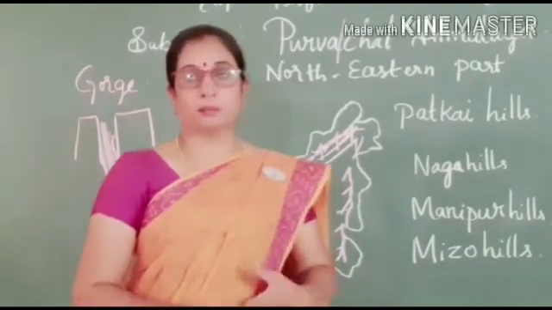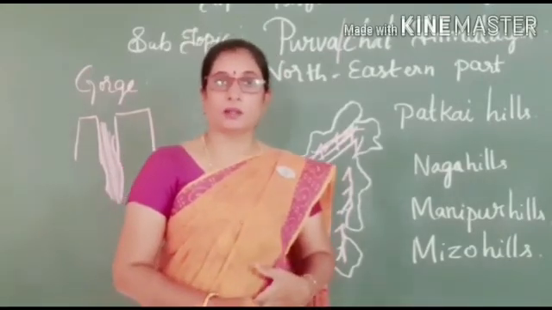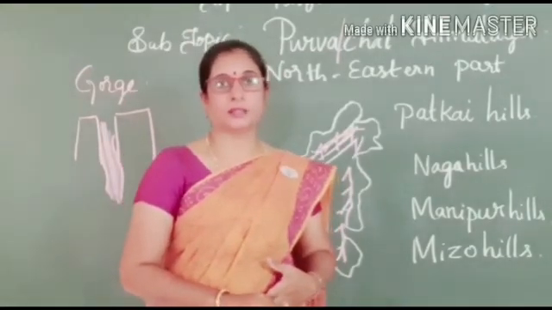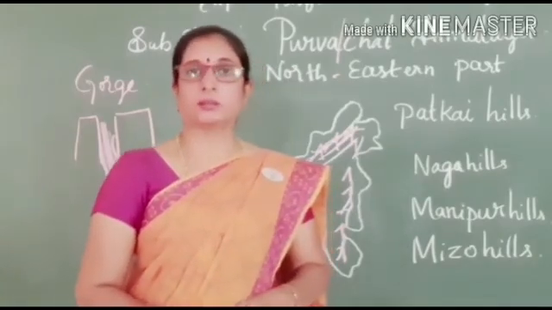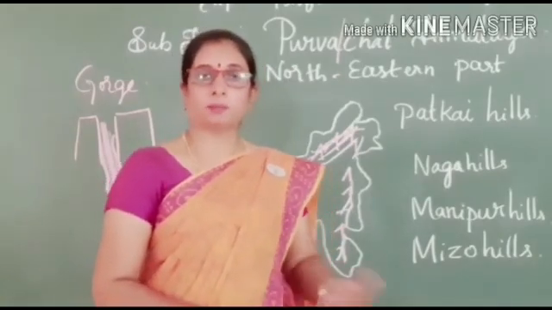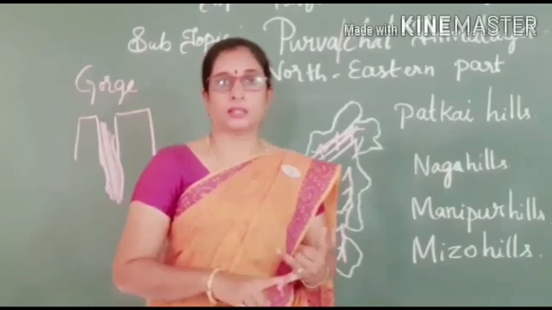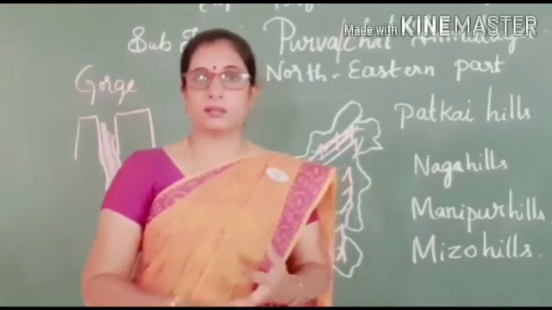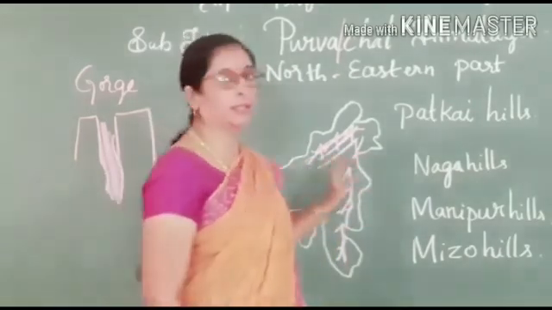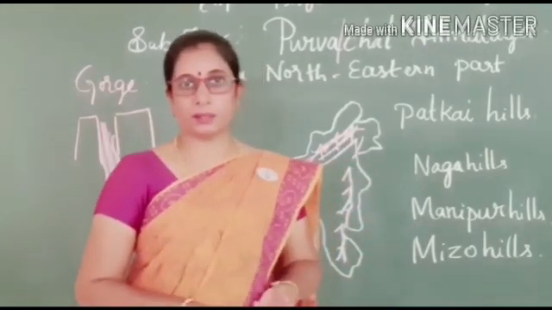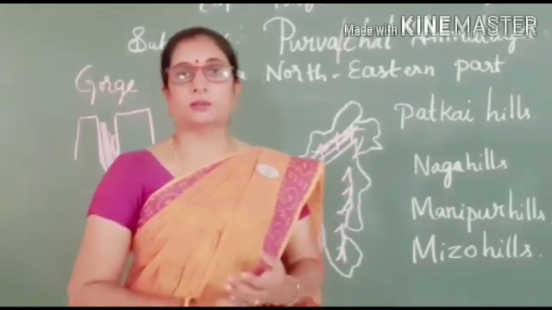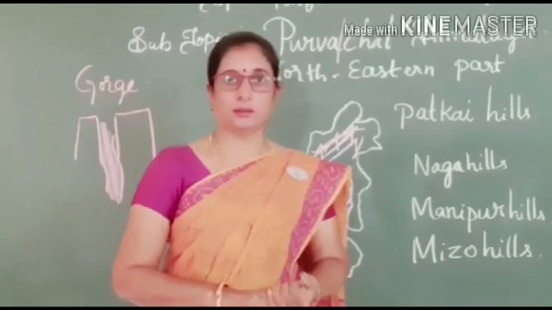In the next class I am going to explain about the northern plains. And children, please do the map work. It is very important. For each of Himachal, Himadri, Shivalik and Purvanchal, do the markings in separate maps, so that you can understand later on. Okay children?